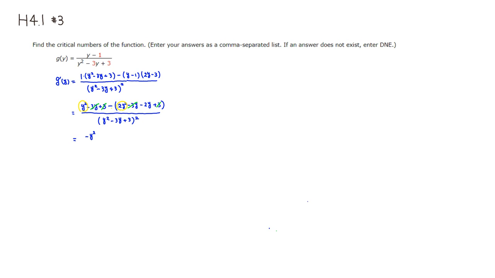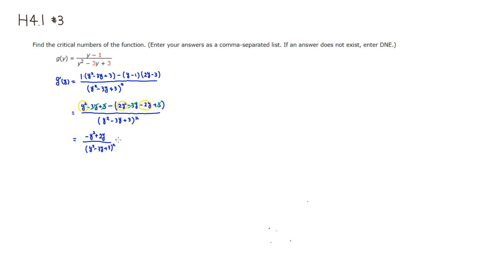Then we have negative 2y, and we're subtracting that, so it's actually a double negative, a plus 2y. The denominator is exactly the same as before: y squared minus 3y plus 3, squared.